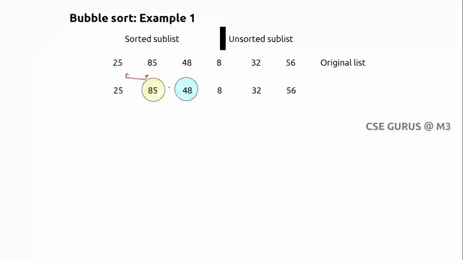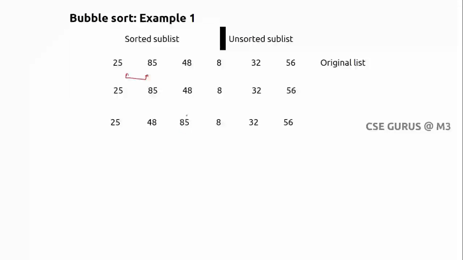So now swap it. 48 will come here, 85 will go here. You can see the pass is not at all completed. In selection sort, in each line one pass was completed, but till now we haven't finished one pass. I'll explain clearly. 85 and 48 swapped, so it becomes 48 and 85.